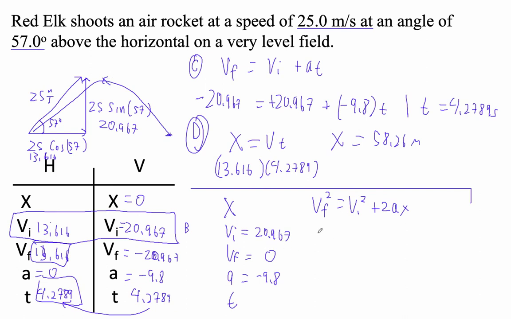I'm going to use this one though; I feel confident about this one. 0 squared is 20.967 squared plus 2 times negative 9.8 times x. So that's 20.967 squared divided by 2 divided by 9.8. I'm getting 22.4 meters.